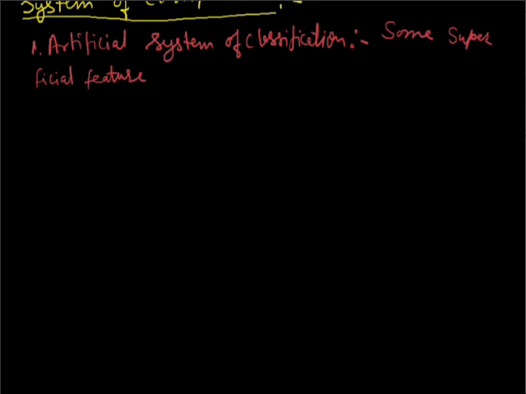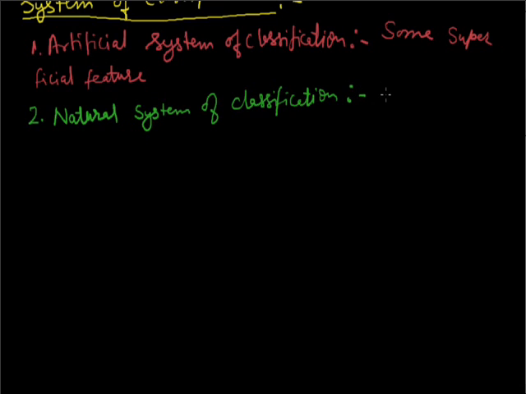Now, the second one we call the natural classification. It is based on only a few natural features, natural characters or features.